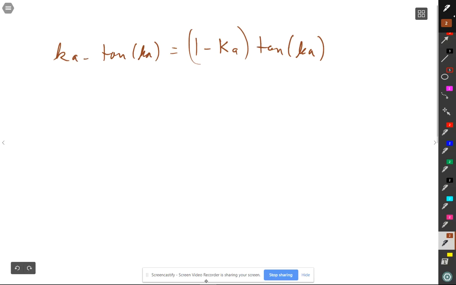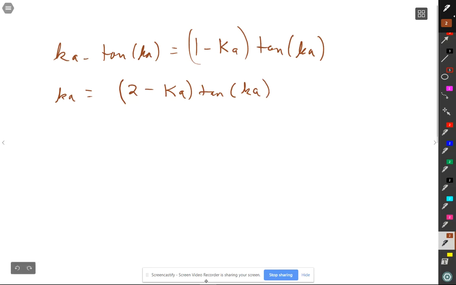So now I just combine the tangent terms on one side. So ka equals, actually it looks like I didn't make a mistake, huh? It's the same thing. Just now I have the sine and cosine reversed. So that's our transcendental equation.